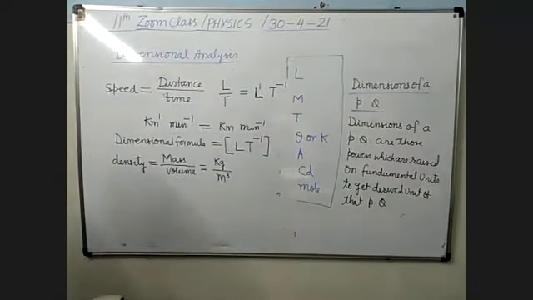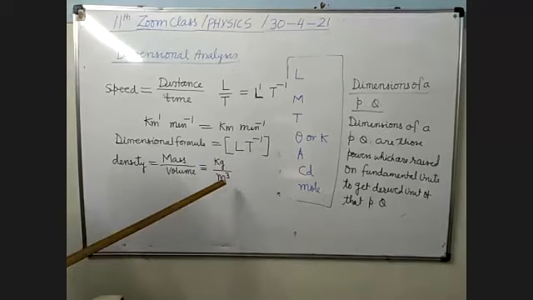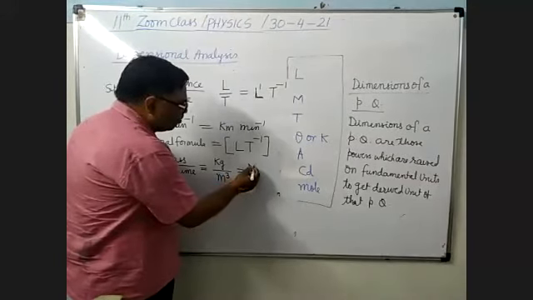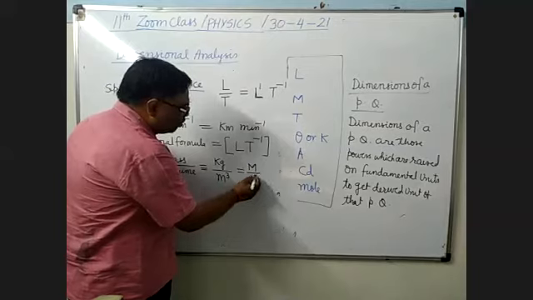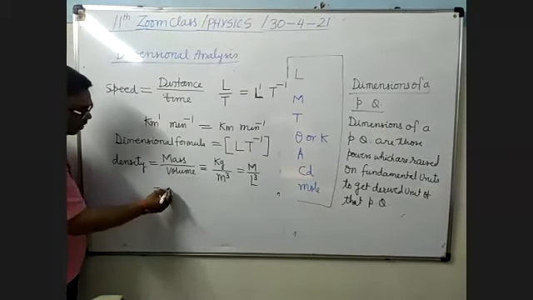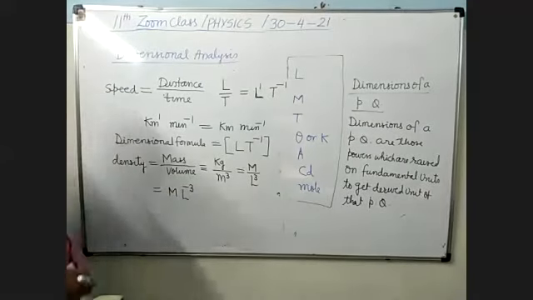What is the symbol of the mass unit? Capital M. The symbol of the length unit is L. So you can write it as M upon L cube. When you take it up, it will be ML^-3.